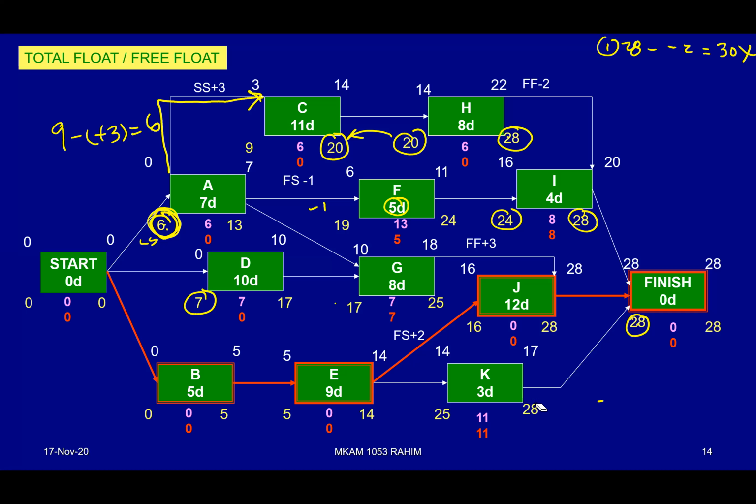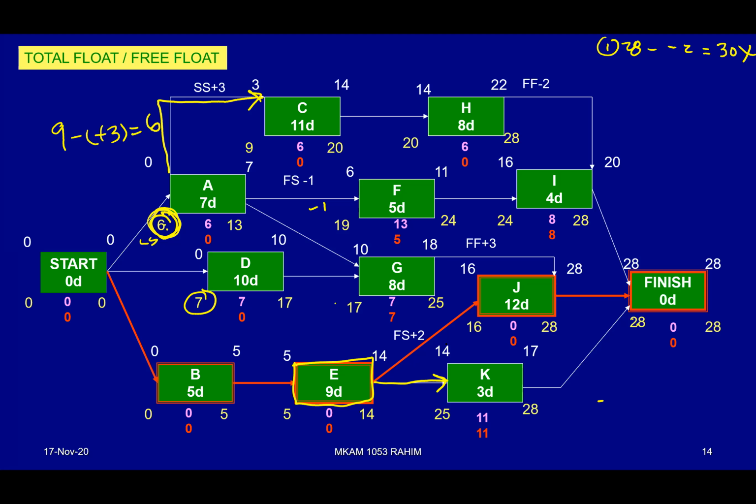Okay, which one do we want to show as an example? Let's take a look at activity E. Let's assume that we want to calculate the free float for activity E. How do we calculate? Remember, activity E has a relationship with K. So we must evaluate one by one.